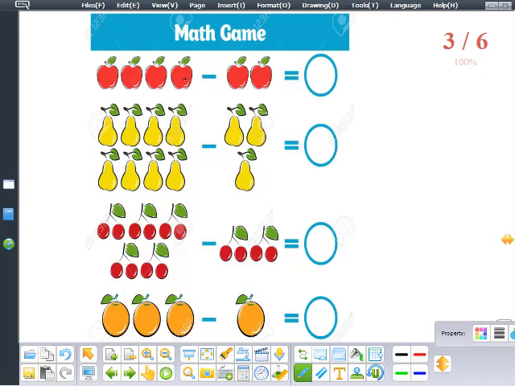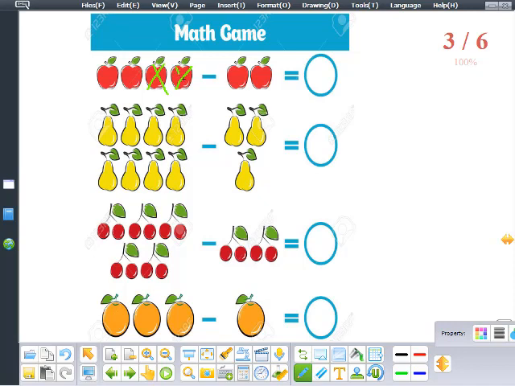4 apples minus how many? Let's count these only. 1, 2. Here we have 2 apples. 4 apples minus 2 apples. So I'll make a cross on how many apples? On 2. Well done.